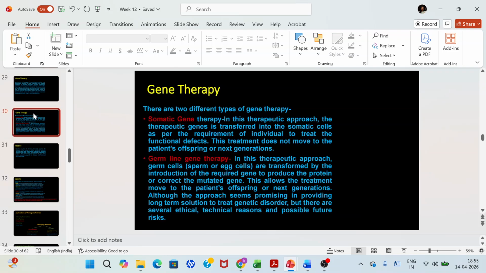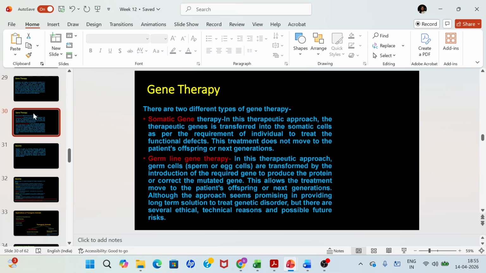Gene therapy is again a very important field to study, because this is something which is used in the upcoming world. If you guys have heard about the baby designing thing, then that is also something related. Not exactly gene therapy, but it is related to gene therapy.